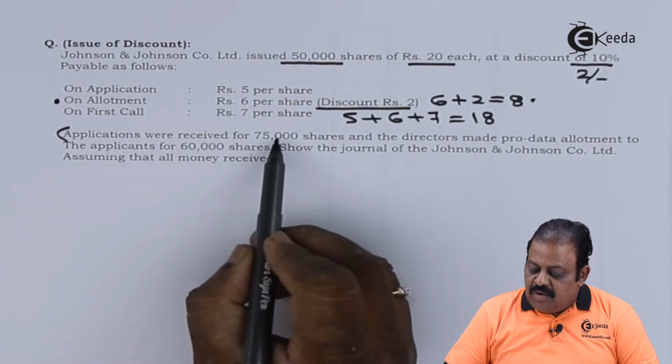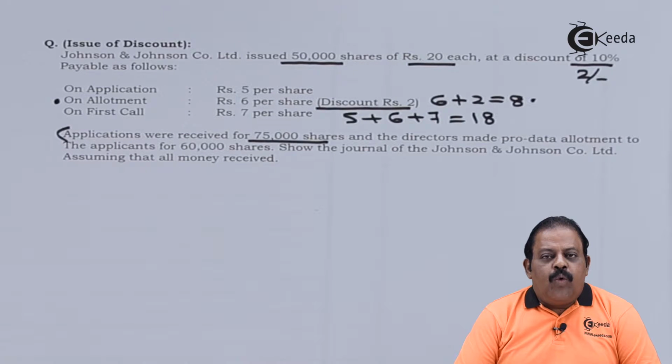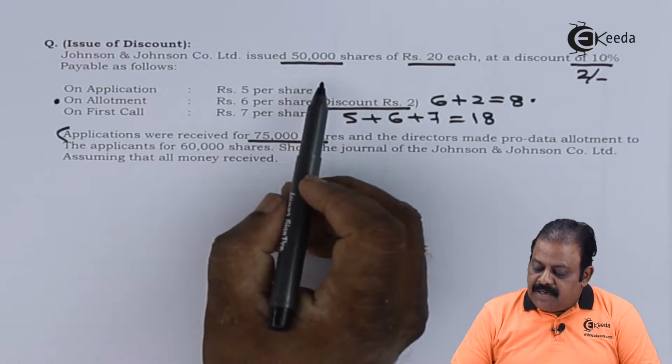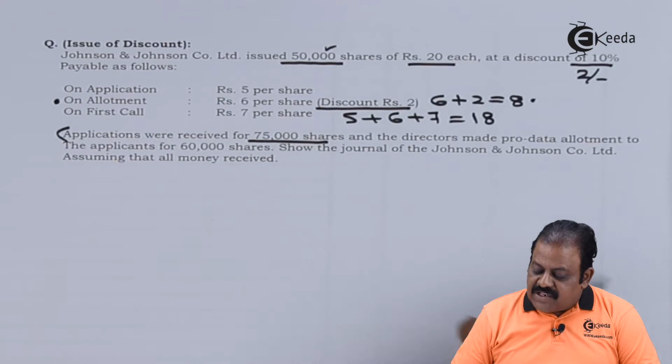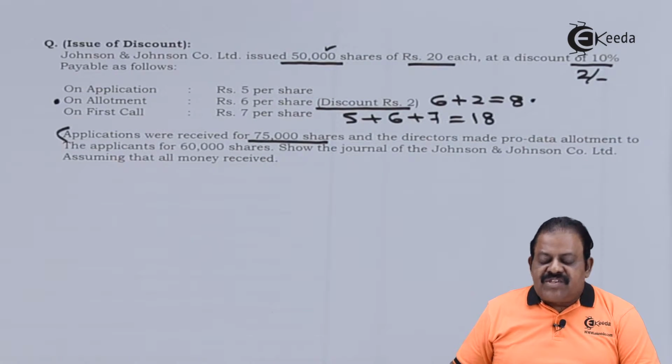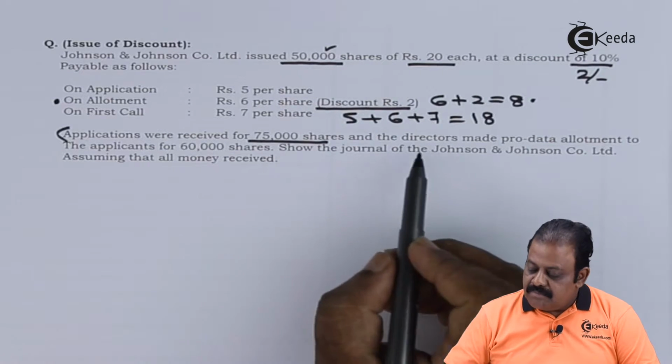Applications were received for 75,000 shares. So there is oversubscription because company wants to sell 50,000 shares. Company has received application for 75,000 shares. So this is clear case of oversubscription.